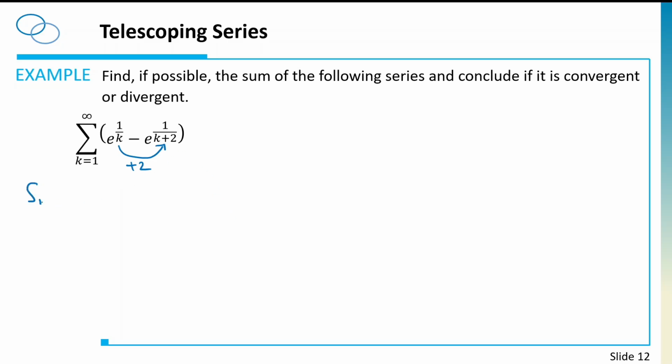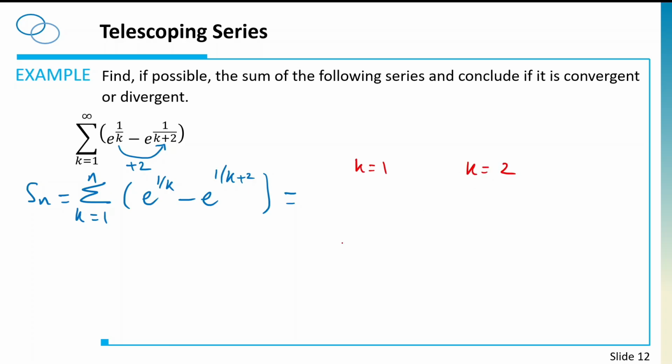We start with Sn equals the sum from k equals 1 up to n of e to the power of 1 over k minus e to the power of 1 over k plus 2. I need to find the first two terms, when k equals 1 and k equals 2.